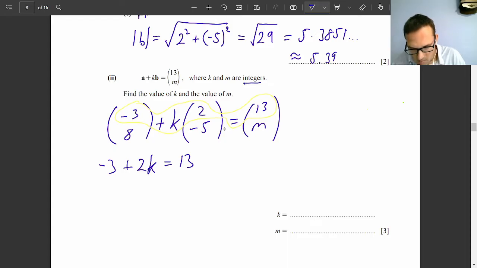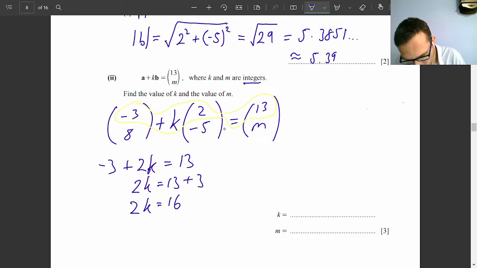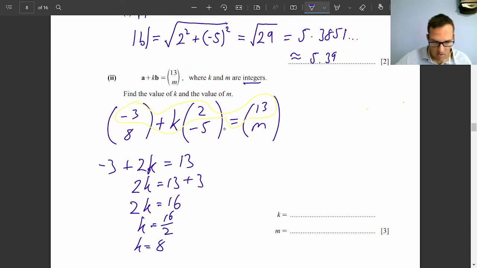Immediately what I notice here, we can solve k. We can find out what is k. So if we add 3 to both sides, that gives us 2k equals 13 plus 3. So 2k equals 16. And then we divide the 2. 16 divided by 2, k equals 8. Brilliant. Got the value of k.